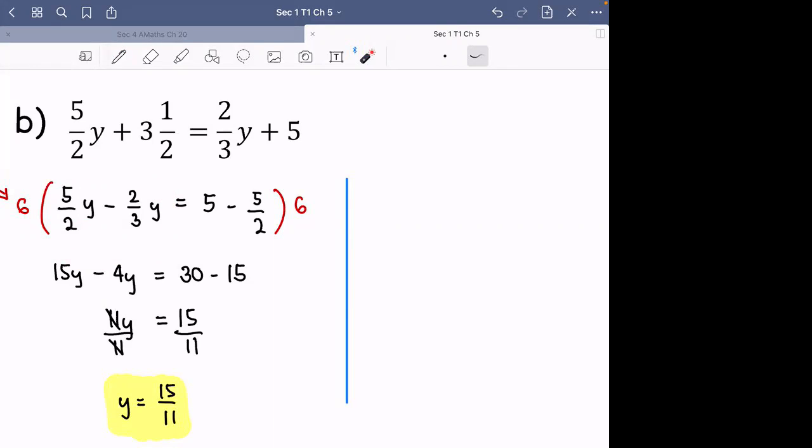You can use your calculator for this. This is an alternate way. So we have 11 over 6y, and then equals, so what is 5 minus 5 over 2?